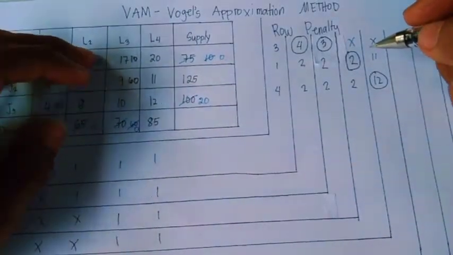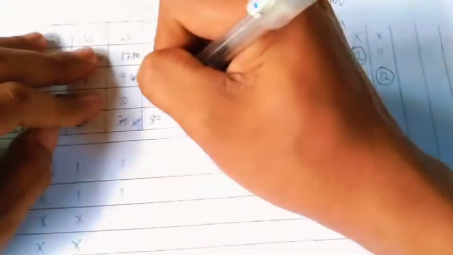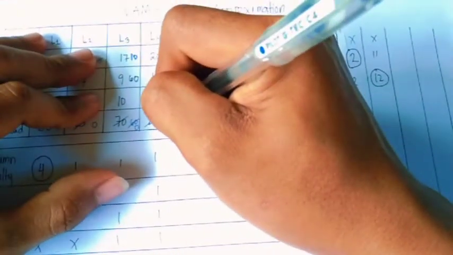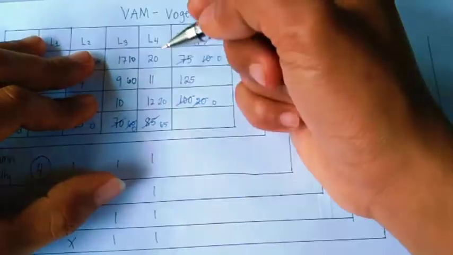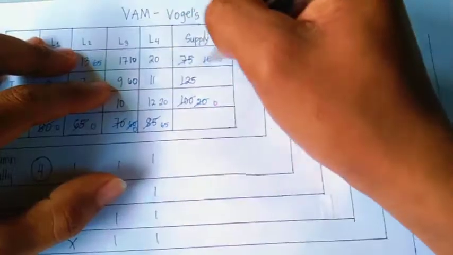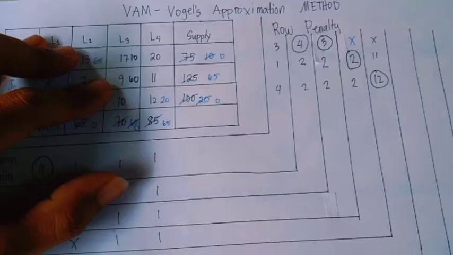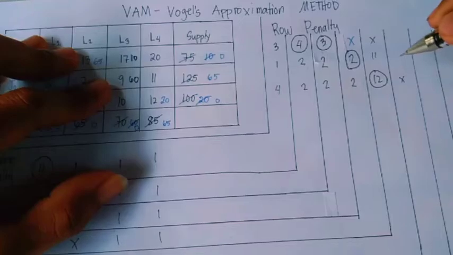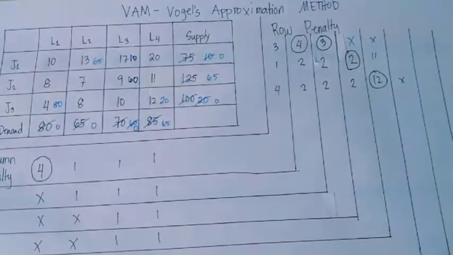Since the remaining value of our supply is 20, we put 20 here, satisfy our supply, subtract it here, and become 65. Oh, we forgot something. So 65. We put X here, since our supply is now satisfied. So repeat the same process.